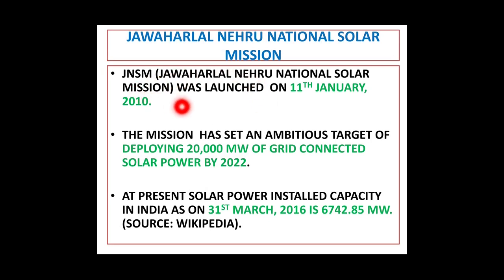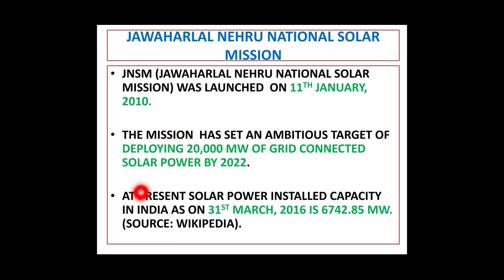Next, in India, the Jawaharlal Nehru National Solar Mission was launched on 11th January 2010. This mission had an ambitious target of deploying 20,000 megawatt of grid connected solar power by 2022, meaning by 2022 the target was to produce 20,000 megawatt of solar energy, that is electricity.